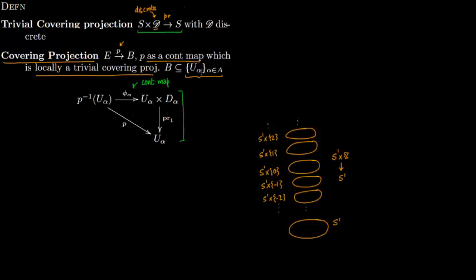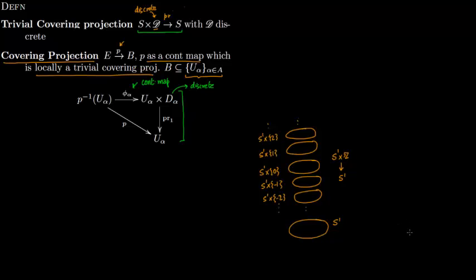So we are working through the index of the open cover. Locally this will look precisely like the map above. This D alpha is discrete. And we also have this extra condition with P inverse of U alpha. So let us see this now with an example.